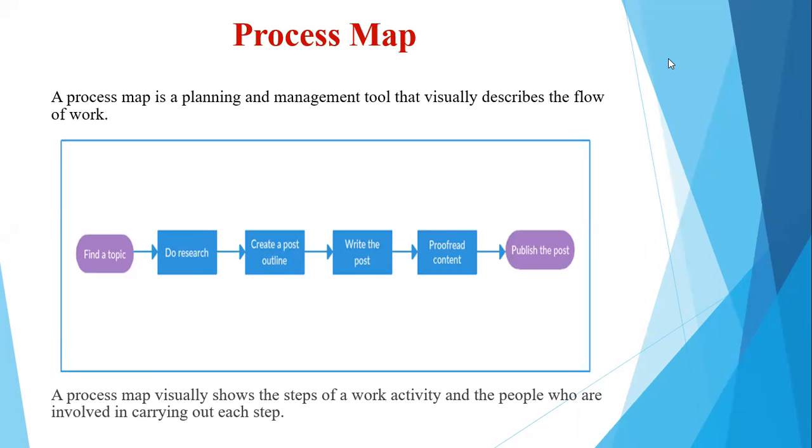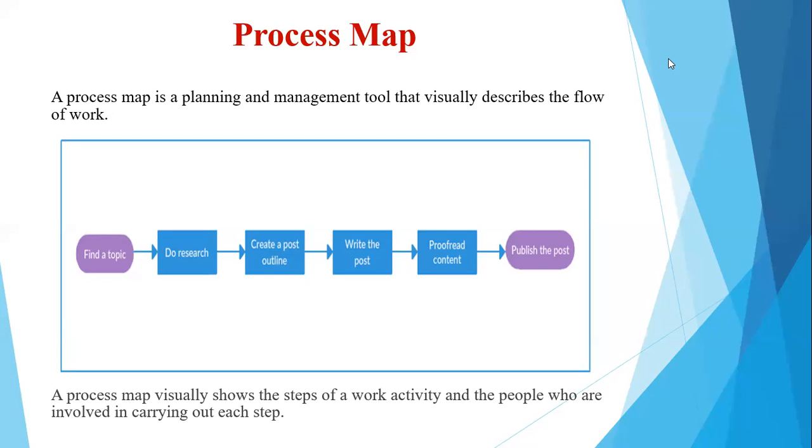Essentially, it shows who and what is involved in a process, and it can be used in any business or organization and can reveal areas essentially where a process can be improved.